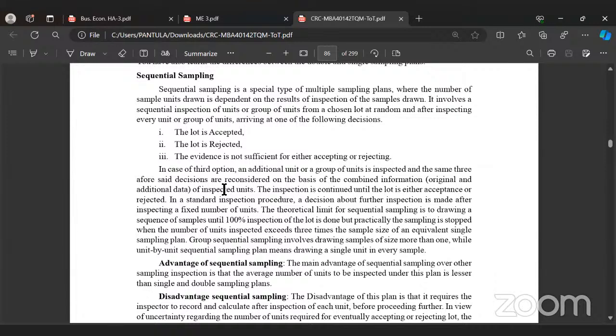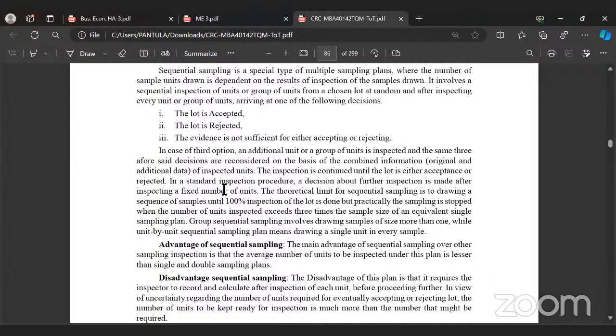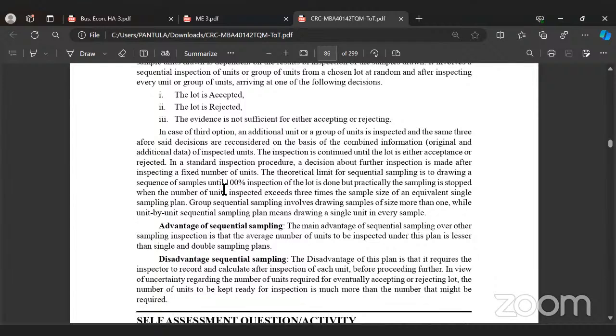It involves a sequential inspection of units or groups of units chosen from a lot at random. After inspecting a unit, the lot is accepted, rejected, or the evidence is not sufficient to either accept or reject. If in double sampling the first lot is accepted and the second lot is rejected, what happens? They go with a third sample.